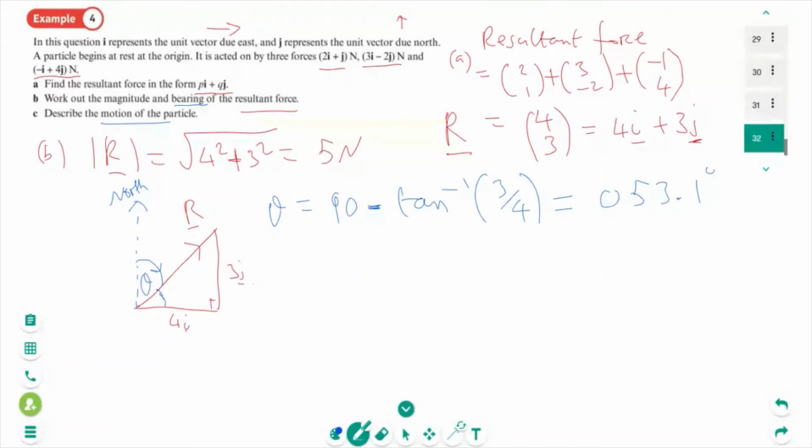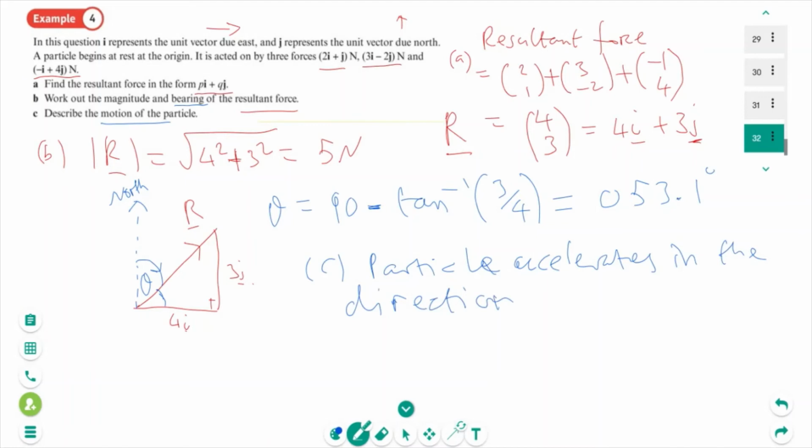So for part c, you could say the particle accelerates, because there's a resultant force, in the direction of the resultant force, in other words in the direction 4i plus 3j.